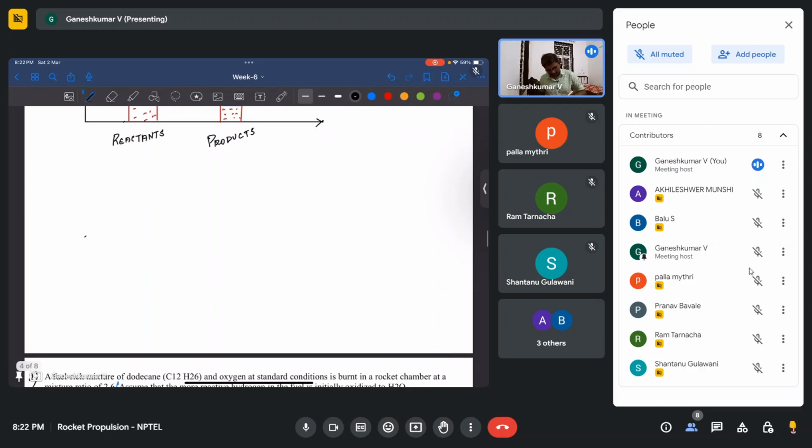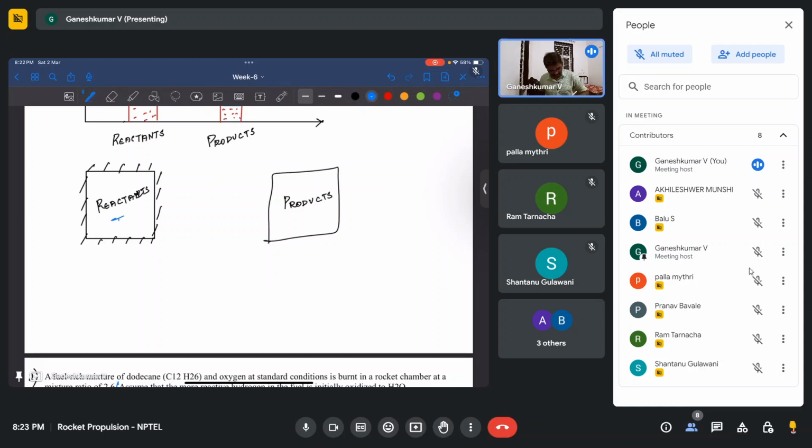So what you have is a box which contains reactants, and it's an adiabatic box, okay. And upon combustion, this box will have products.